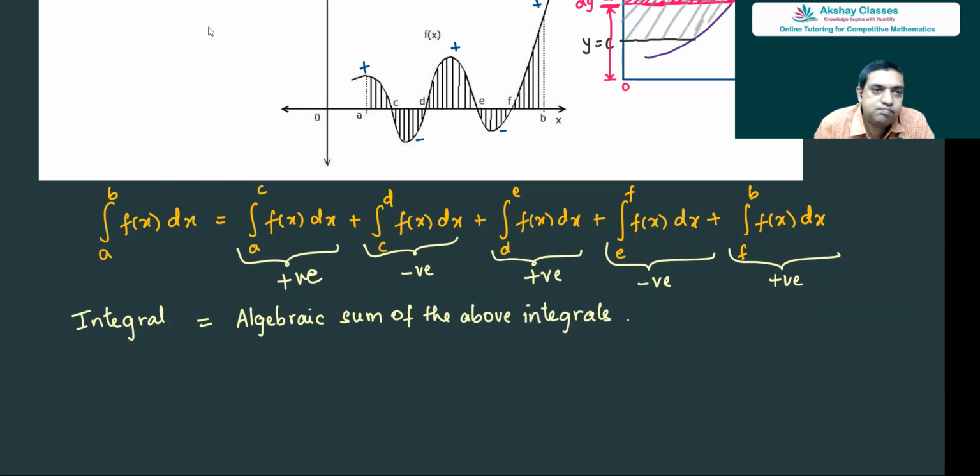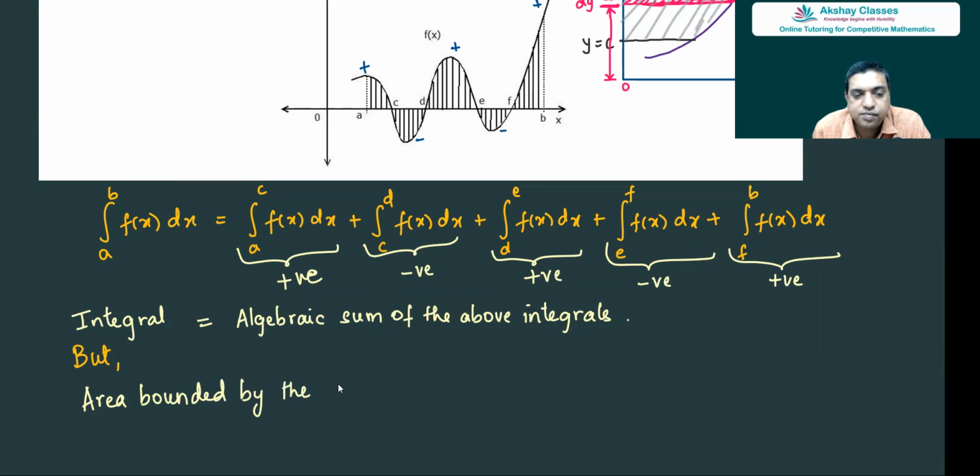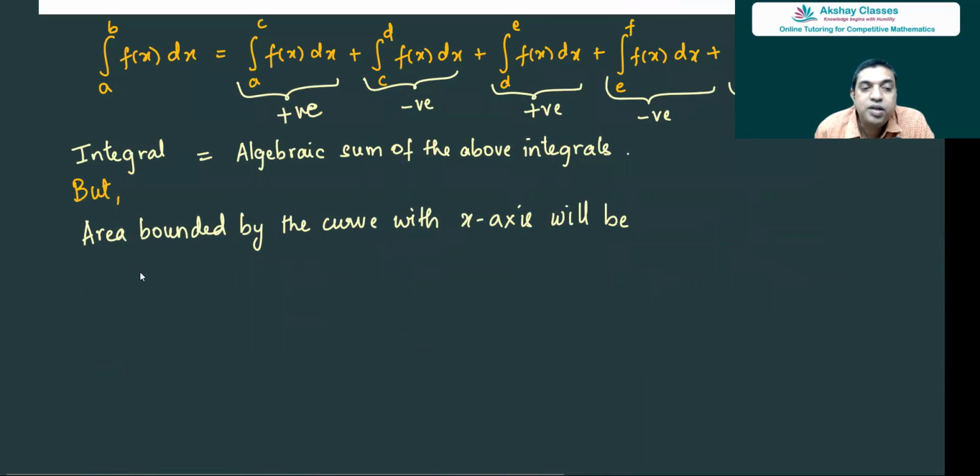However, a big but: area, when we say area bounded by the curve with x-axis, will be the numerical sum, which means it is modulus.